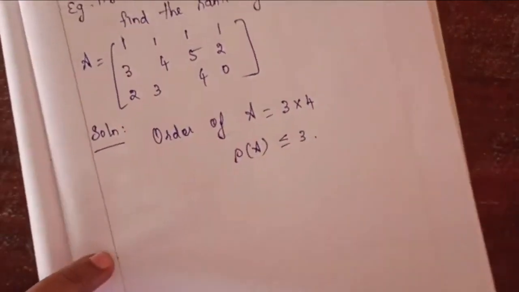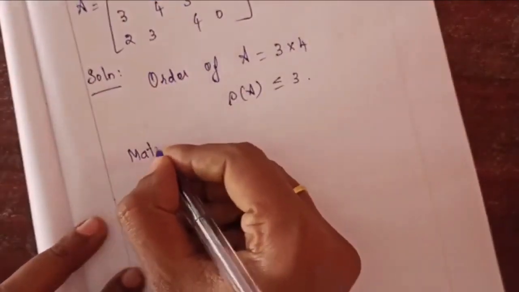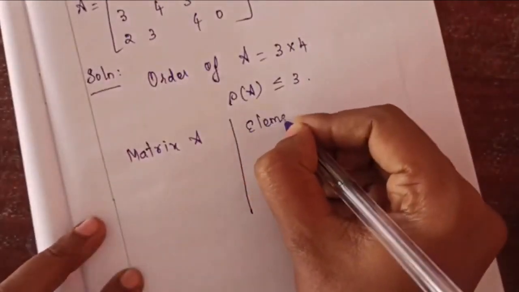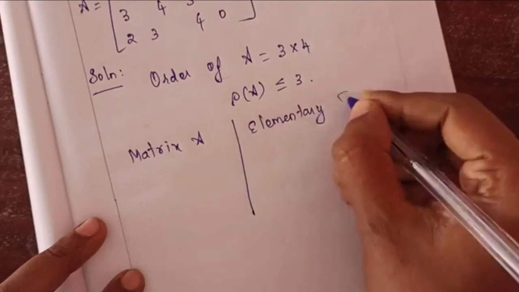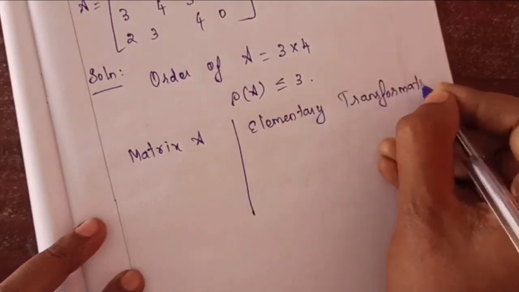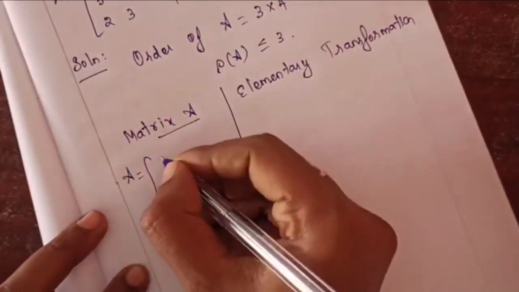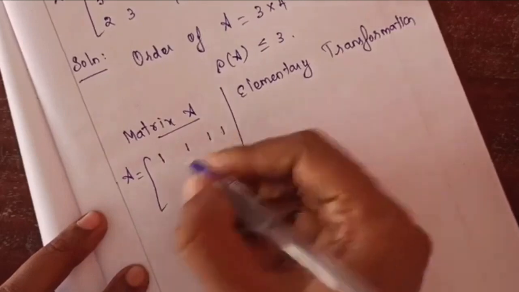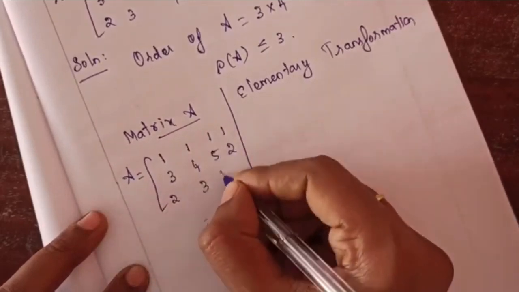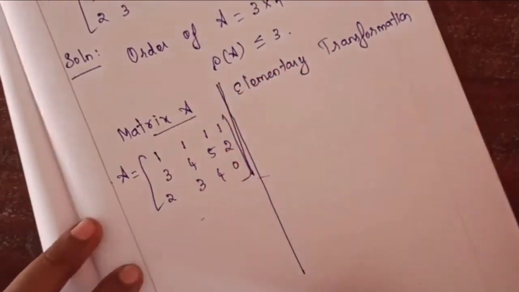Now we are going to change this particular matrix to echelon form, using elementary transformations. So first I am writing the given matrix, that is 1 1 1 1, 3 4 5 2, 2 3 4 0.